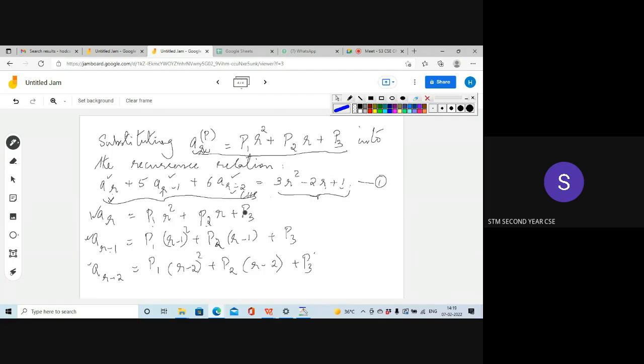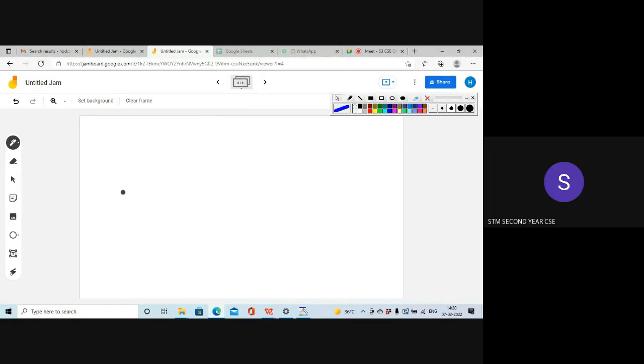After these three comparisons, we will get the values of P1, P2 and P3. Once we get the values of P1, P2 and P3, we substitute in this equation and you will get the particular solution. So let us see how to find out P1, P2 and P3. When I substitute into the LHS, I'm going to substitute AR minus 1 and AR minus 2 into the LHS. Our LHS is AR plus 5 AR minus 1 plus 6 AR minus 2.